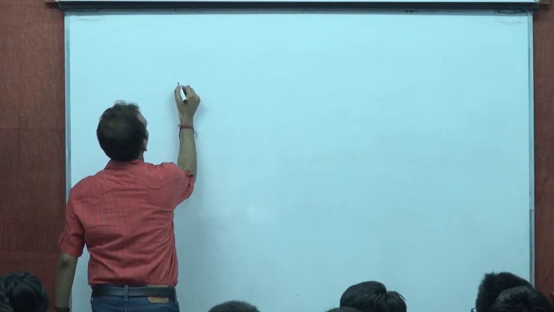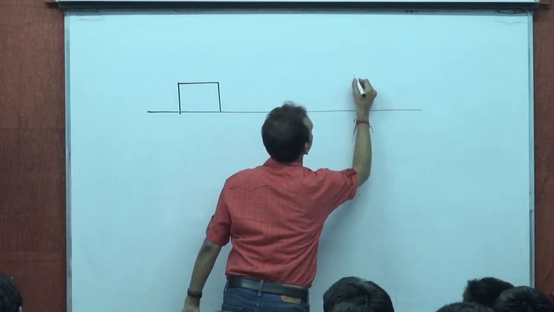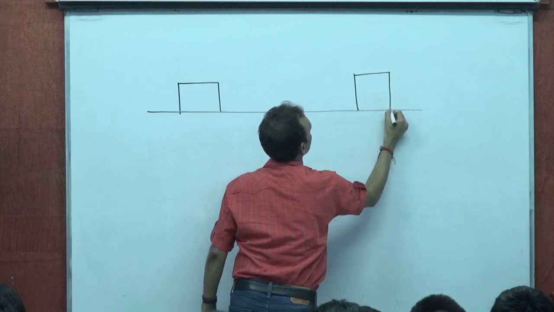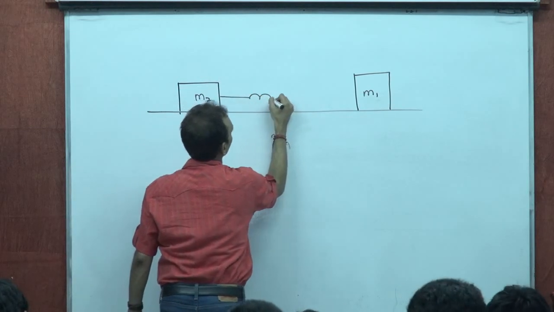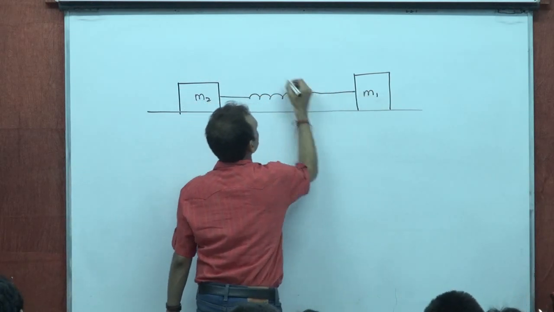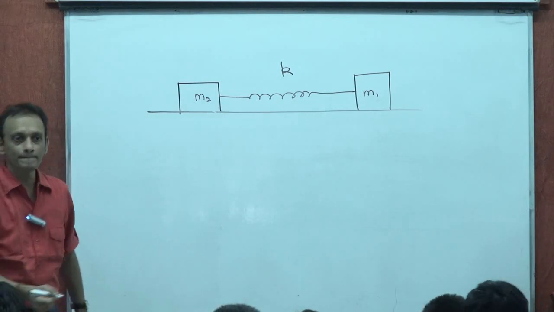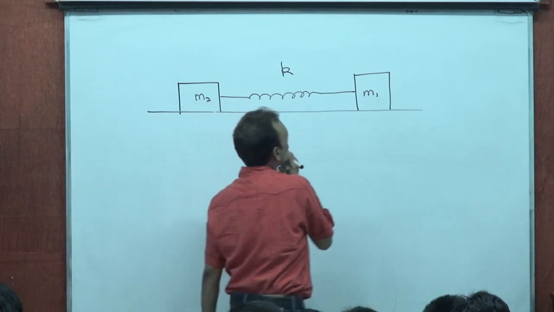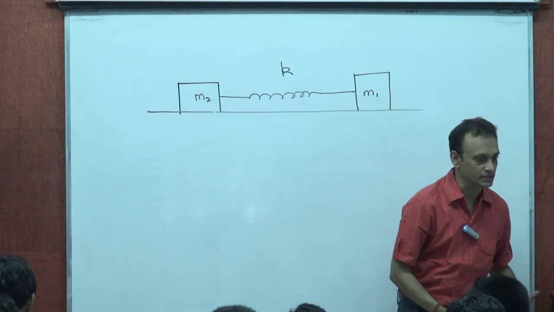Let's say there are two masses, M1 and M2. The spring is in its natural state, and the two masses are at rest initially.